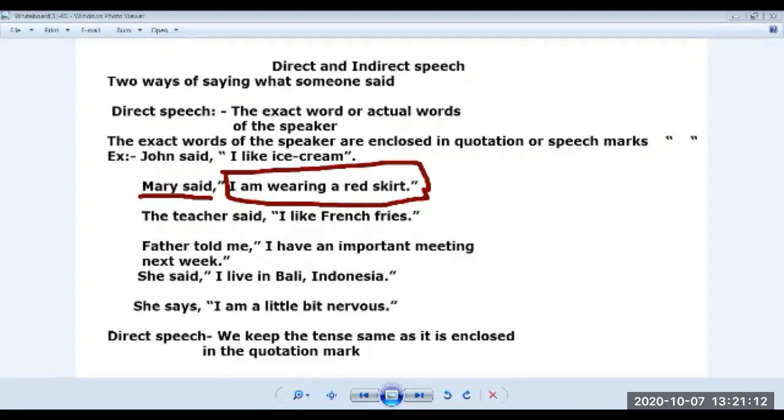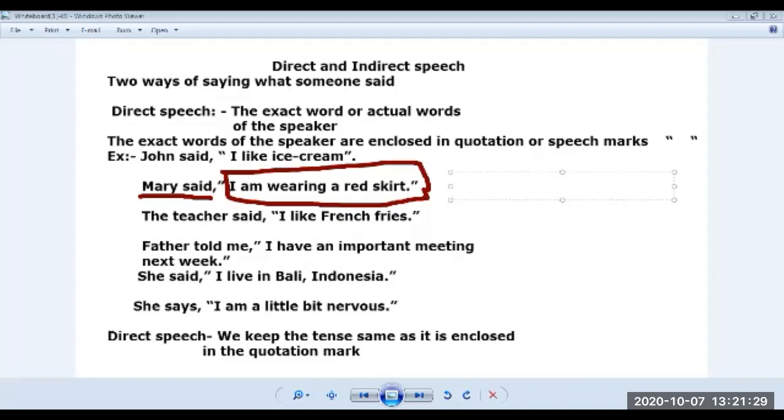So this comma is put outside, but let me show you another example. I will use the text box and let me see if I can do it. Okay, yeah, I can write over here.